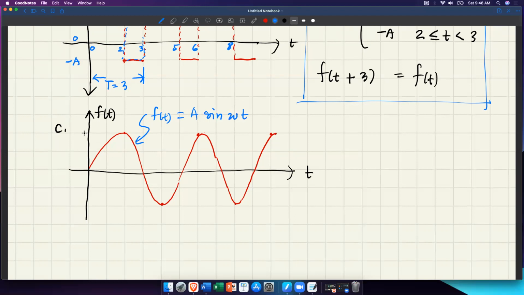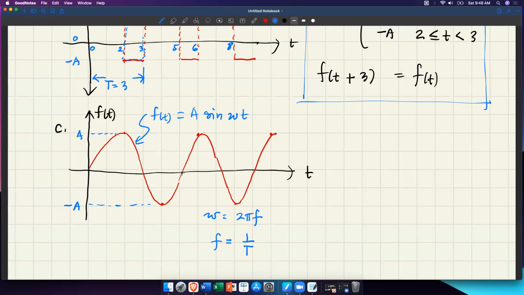We will have the amplitude here as a, and here is negative a. We all know that omega is equal to 2 pi f, and f is equal to 1 over T.